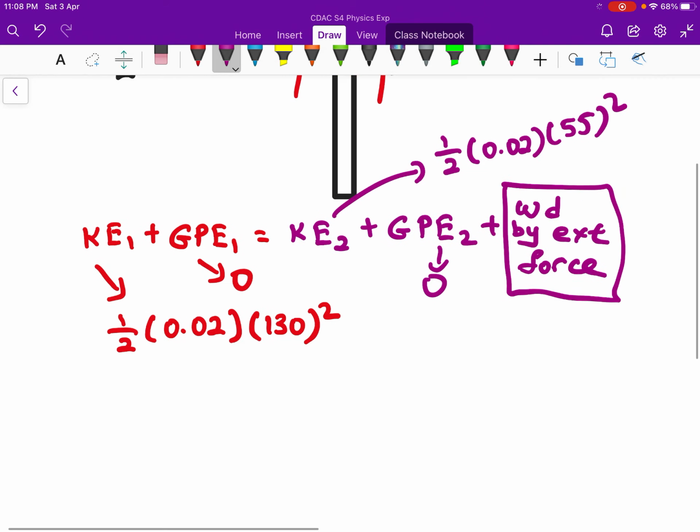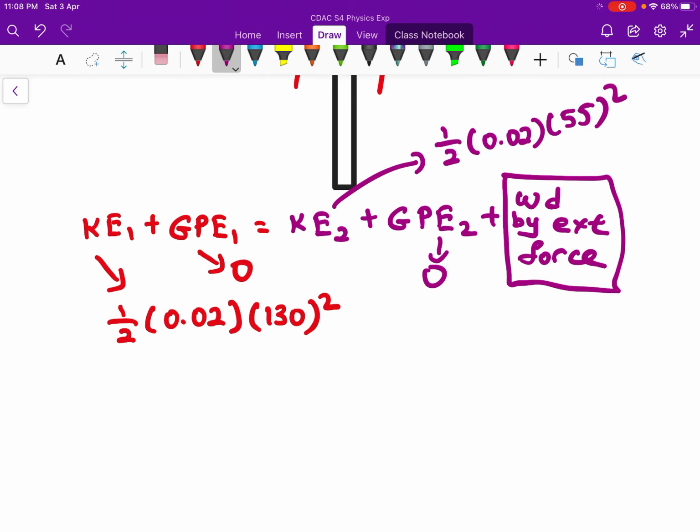Let's calculate. For KE1, I should get 0.01 times 130 square, which is about 169 joules.